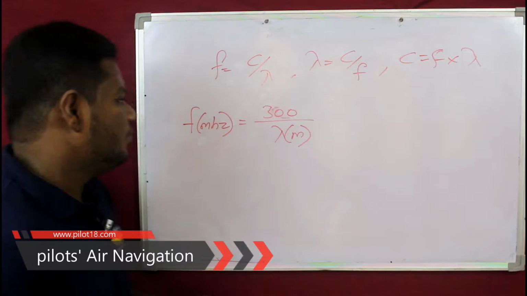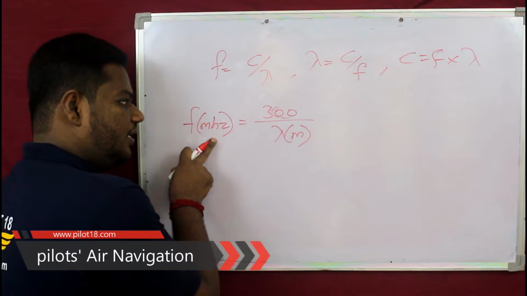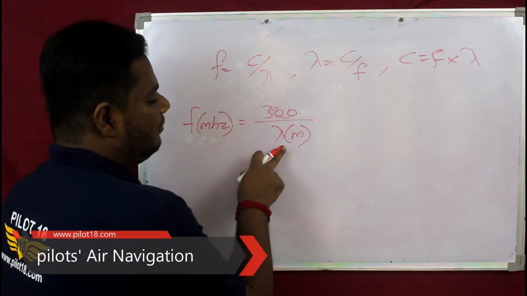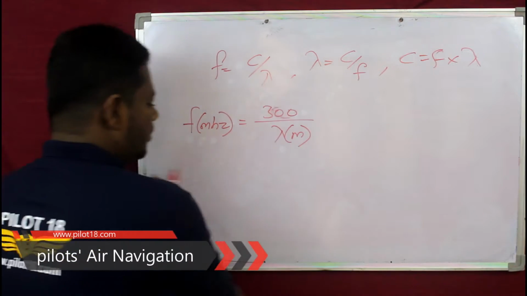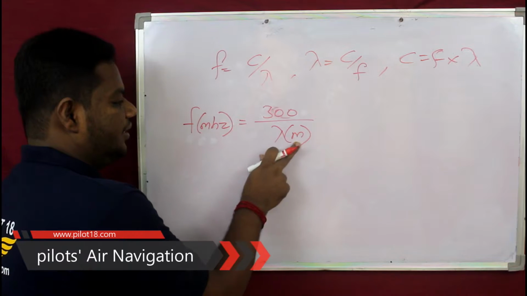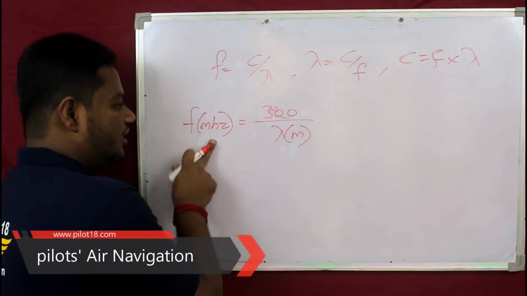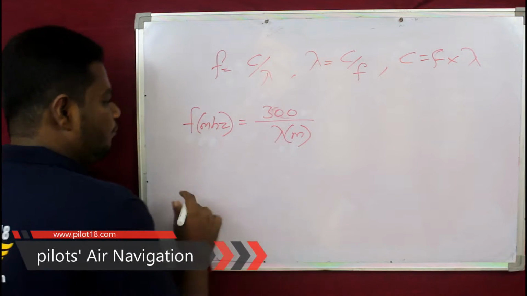So that's why we created a simple method: frequency in megahertz, 300 speed of light, and lambda, wavelength in meter, right? So meter, megahertz, 300. This is how I remember. Lambda in meter, frequency in megahertz, and 300, right?